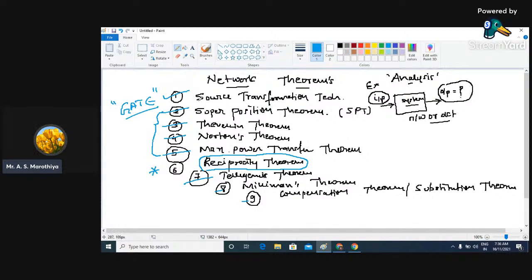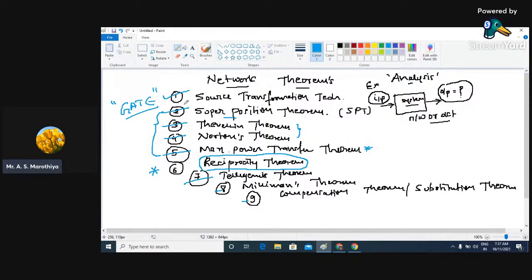Those are source transformation technique, followed by superposition theorem, then Thevenin's and Norton's, then maximum power transfer theorem, and in some cases you may have questions based on the reciprocity theorem too. So these are the first 6 topics which play an important role whenever you are preparing for GATE exams. I hope this point is clear to everyone.